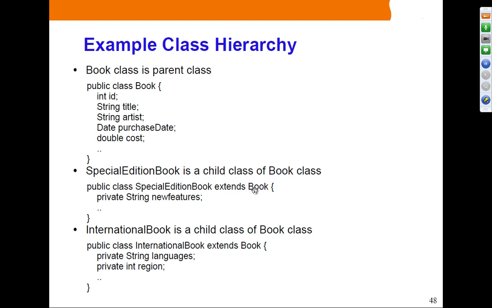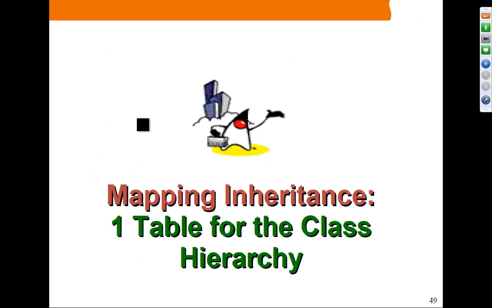It extends book class, and it has a new features property. International book is also a child class of book class. So the book class has two child classes: special edition book and international book. International book has two extra fields, languages and region, and special edition has new features. But they all share the parent class's properties like title, artist, purchase date, cost, and ID, of course. So these are the example class hierarchy we are going to use.